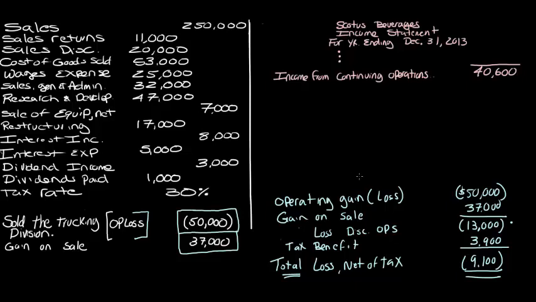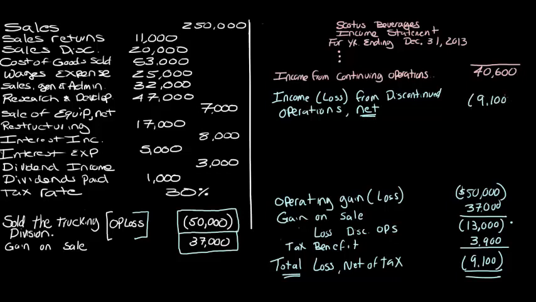And how are we going to report that on our income statement? Well, once we've done our calculations, it's fairly easy. We would report income or loss from discontinued operations, and I'm always going to report net. That tells the reader of the financial statements that it is net of tax. So I'm going to report that number there.